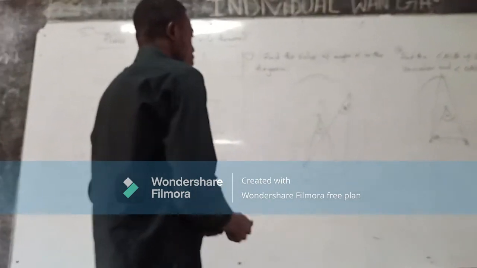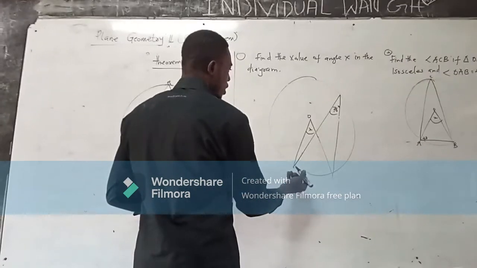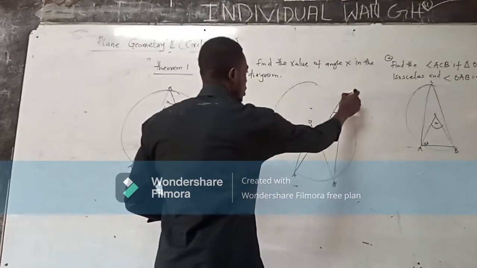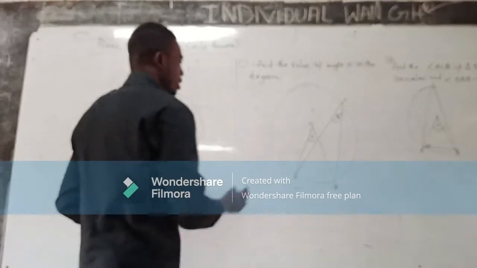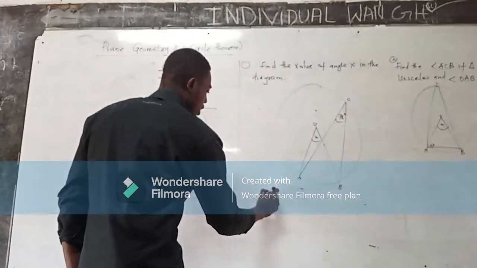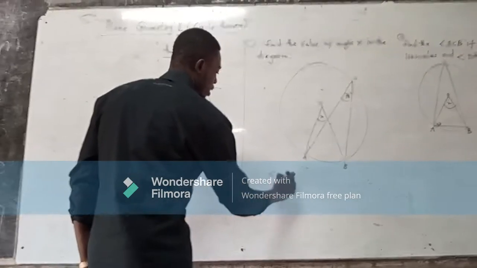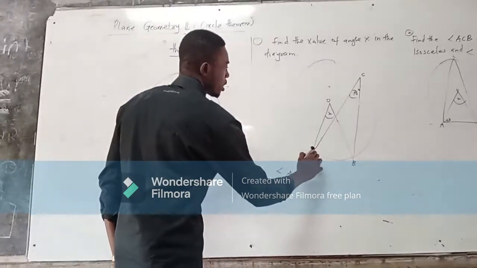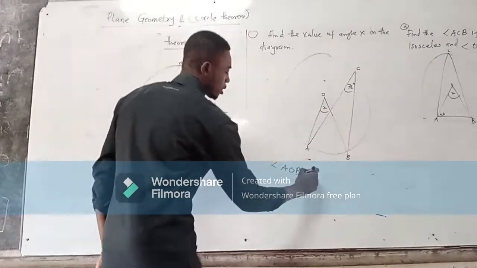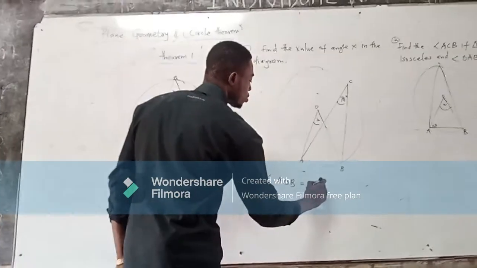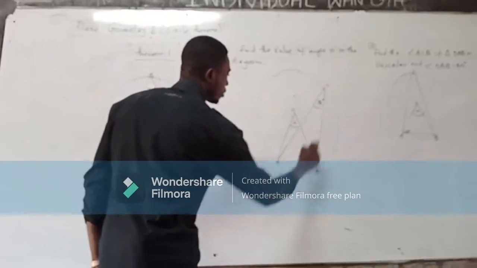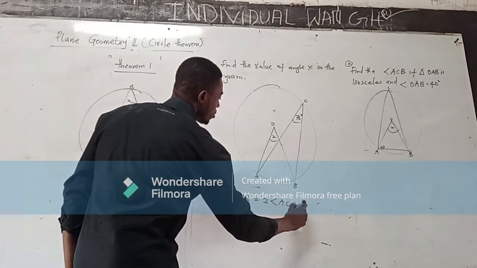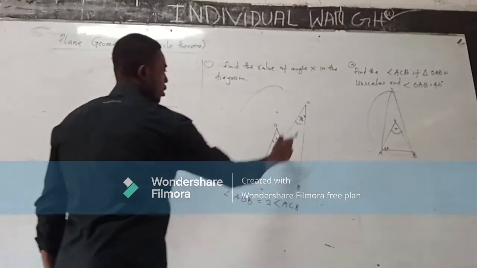So we just say that if here is A, B, and then C, it means that angle AOB is equal to 2 times angle ACB.